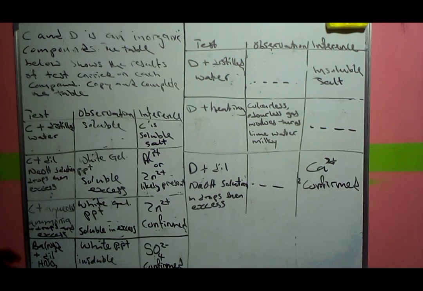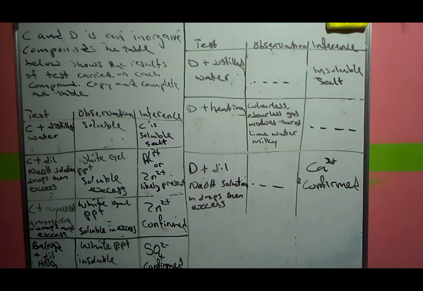So barium nitrate, that's what we are using, even though barium chloride can be used. Barium nitrate and dilute nitric acid will give us this effect, a white precipitate which confirms the presence of sulfate. Now, the addition of dilute nitric acid is to eliminate the other one, carbonate, since barium carbonate is also a white precipitate.